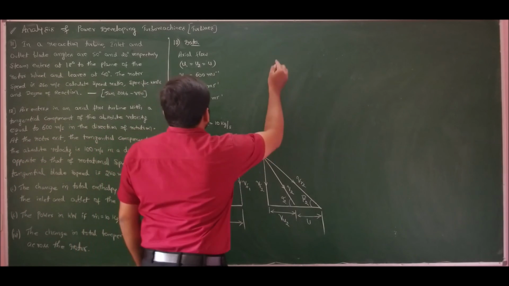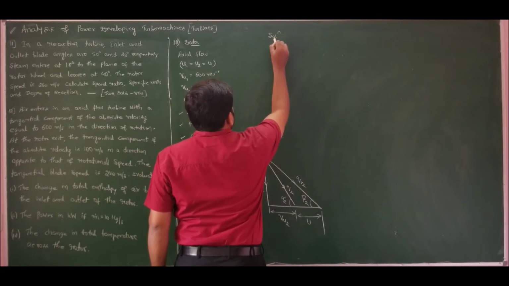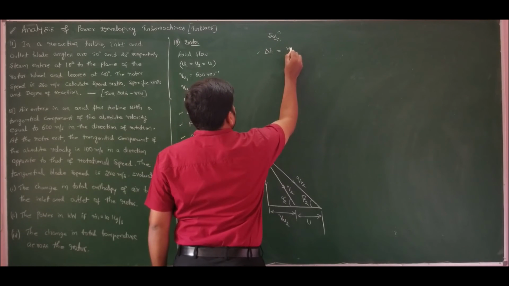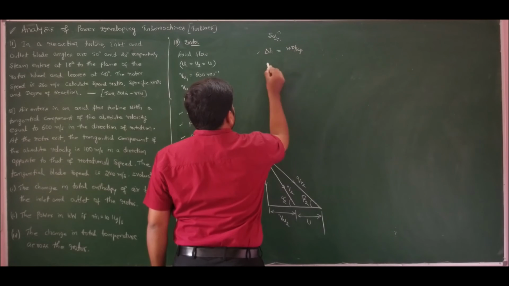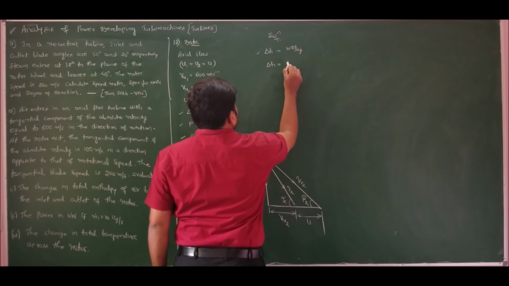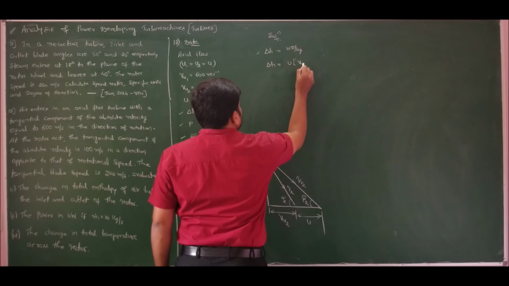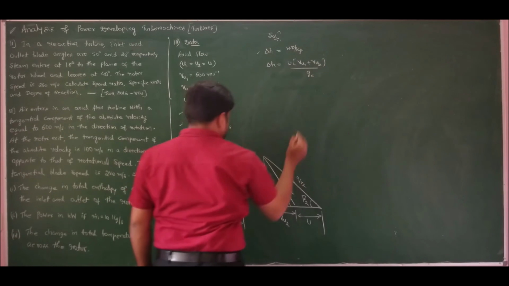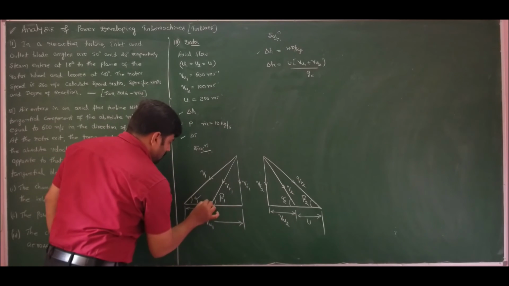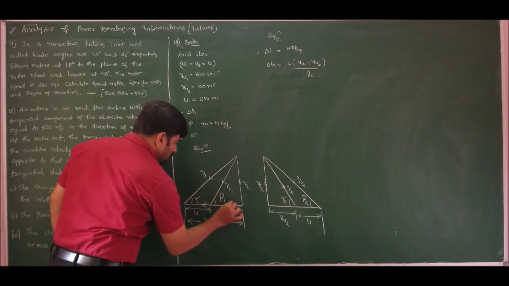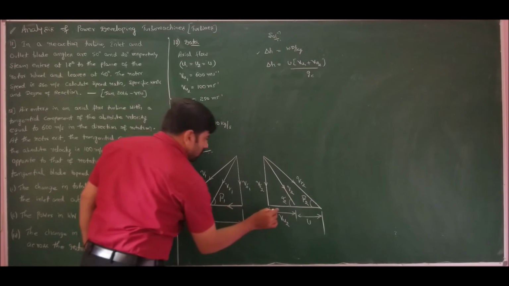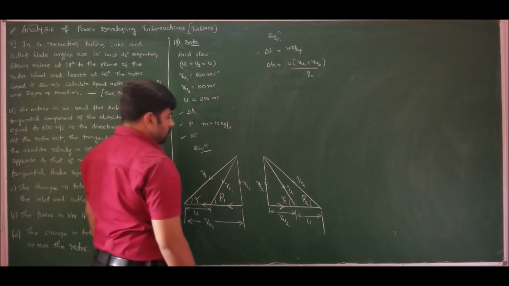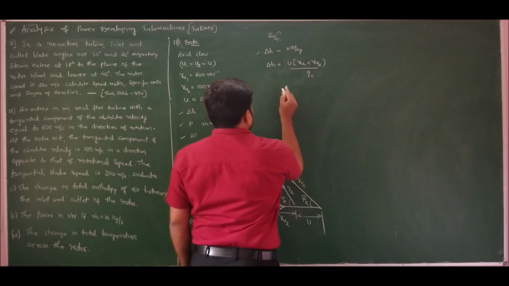We know that change in enthalpy is given by work done per kg. So change in enthalpy is nothing but U of VU1 plus VU2 by gc. This is because he himself has stated that VU2 is opposite to the direction of VU1, so therefore I should take it as positive.